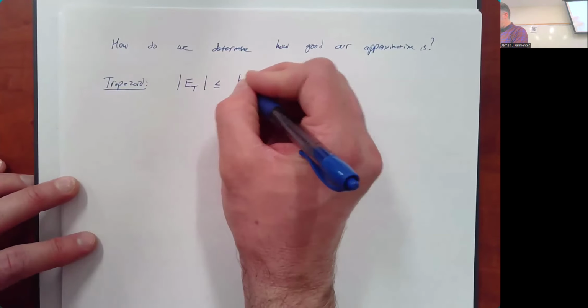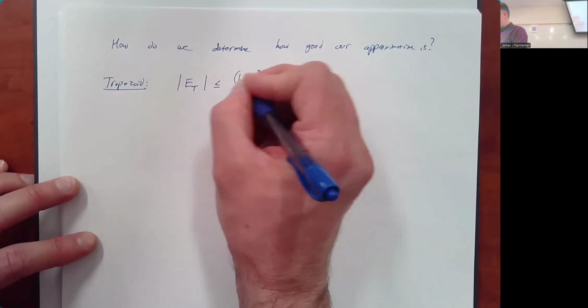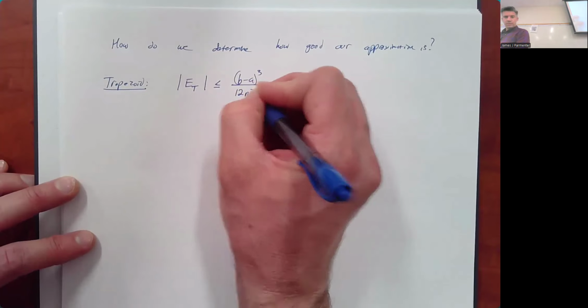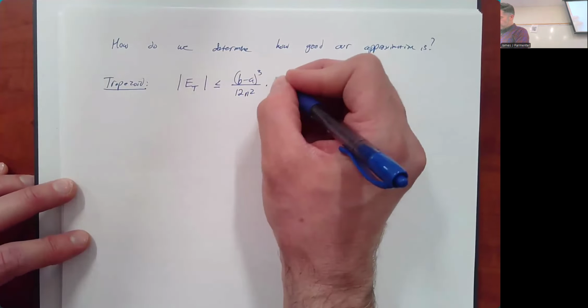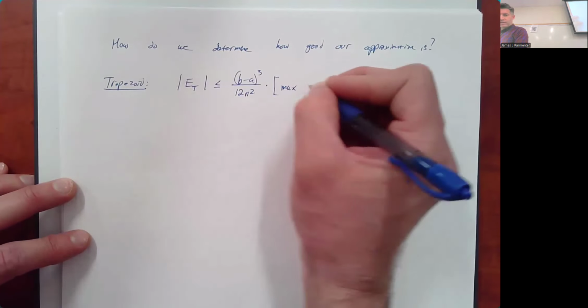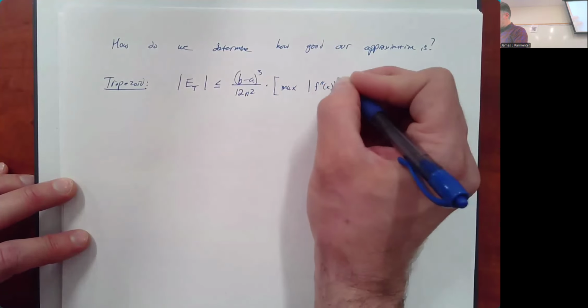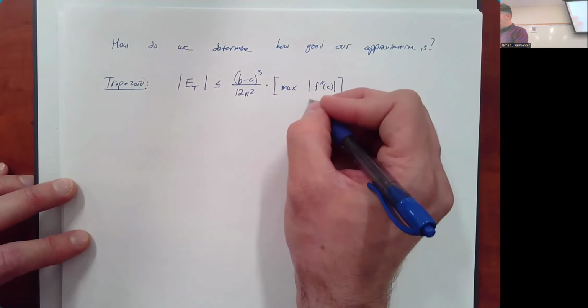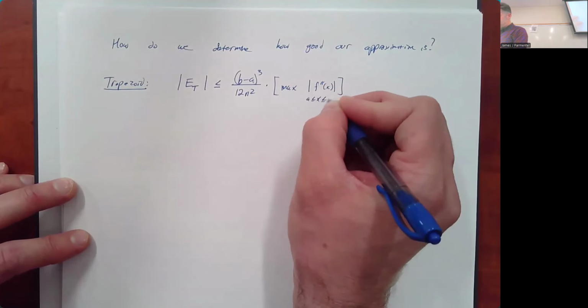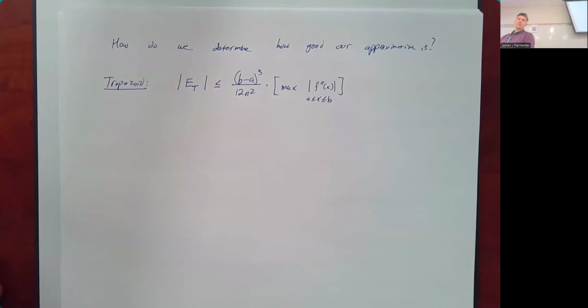It's going to be b minus a cubed divided by 12n squared times the maximum of the absolute value of the second derivative of the function over the interval between a and b. So that is the error estimate for the trapezoid. We're not actually going to know what the error is equal to, but we're going to say it's less than or equal to whatever gross number that happens to be.